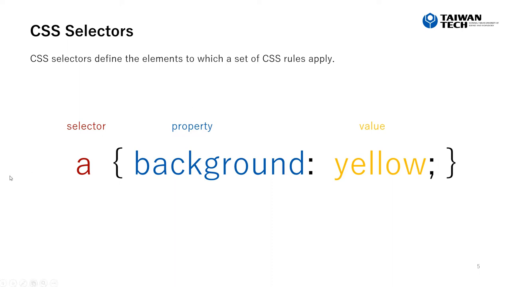For example, I use a for our hyperlink, body to control our body, div to control all the divisions, and p to control my paragraph. The property is what we can control: the background, the font size, and a lot of things. And we need to set up some value for our property.